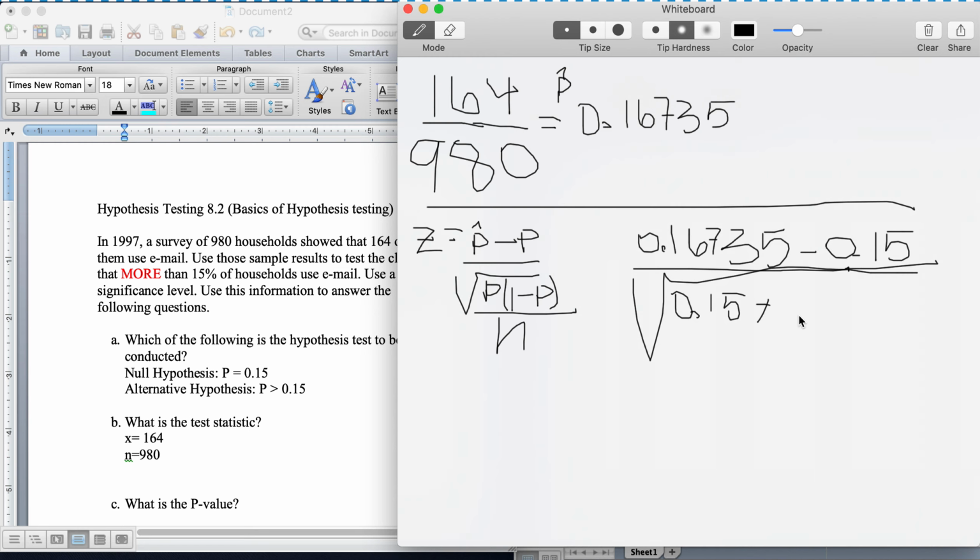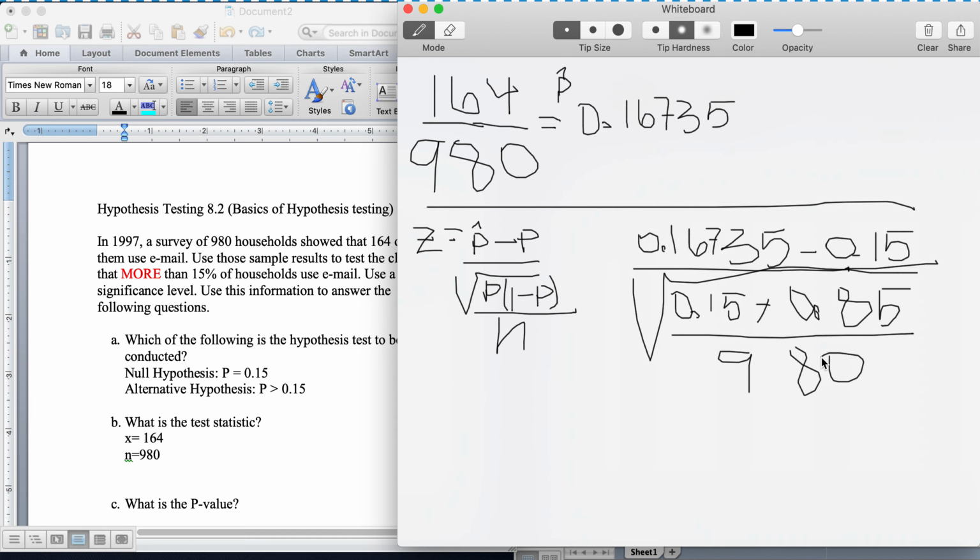So in my calculator I'm putting 1 minus 0.15, which gives us 0.85, and we're going to divide that all by n, which is 980.